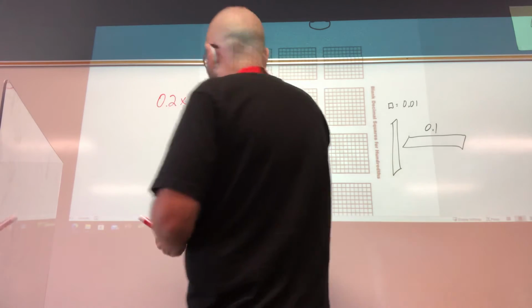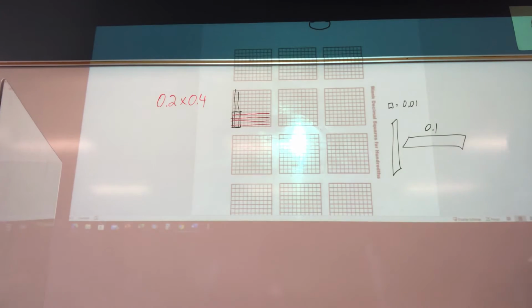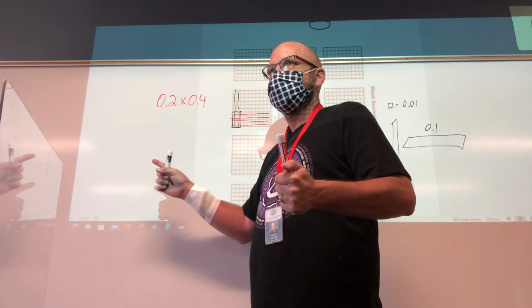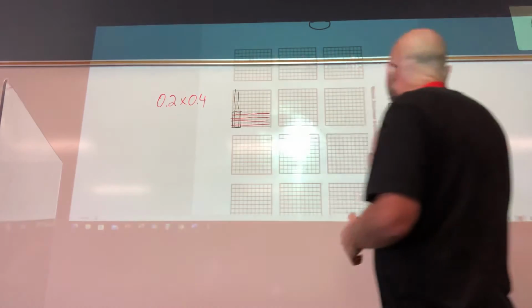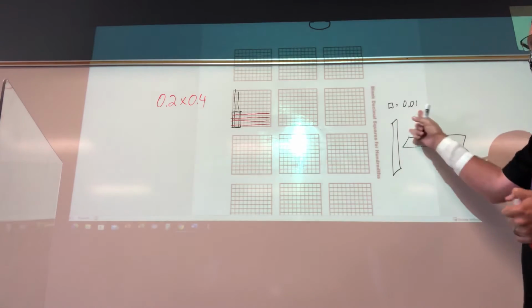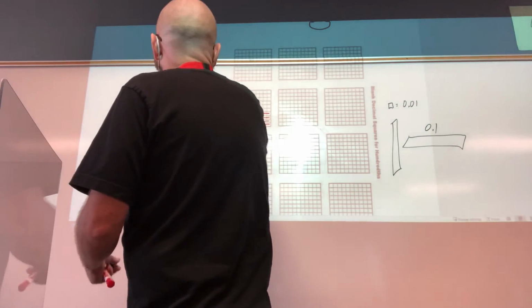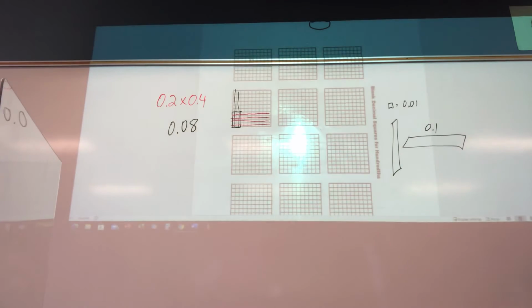So how many little squares is that? 8. Now what I saw yesterday is a lot of people put 0.8. That's not right. It's 8 hundredths, because every one of these little squares is worth a hundredth. So it should be 8 hundredths.